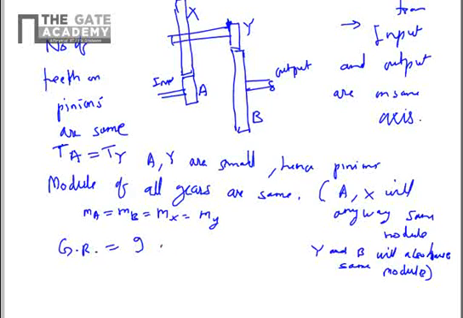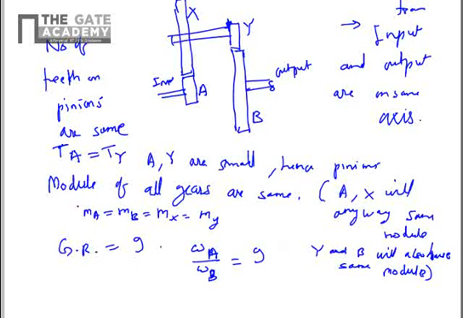And the final condition that is given in the problem is that the gear ratio is equal to 9. So that means omega A by omega B is equal to 9, the driver shaft by the driven shaft.